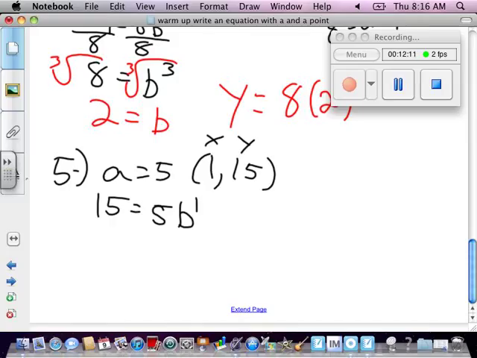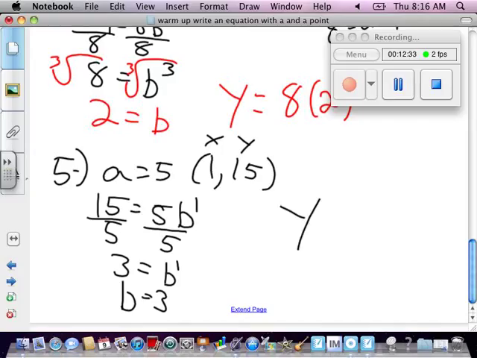Yes, that's perfect. What is our next step once we plug it into the equation? Divide. 3 equals b to the first power. Anything to the first power is what? Itself? Yeah. So b has to equal 3. Let's plug this in. Y equals 5 times 3 to the x.